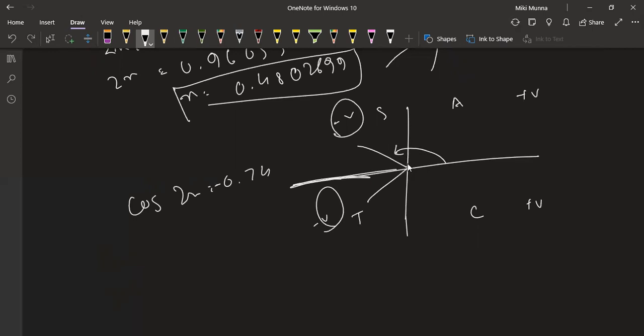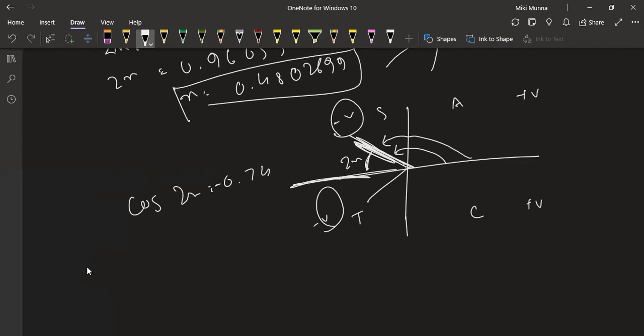Okay. Now, if that's the case, this has to be, at first, let's do it in this way. We have already found that this is actually our, what? This angle is actually twice x, okay? This angle is twice x. That means what? In order to find this total angle, what should we do?